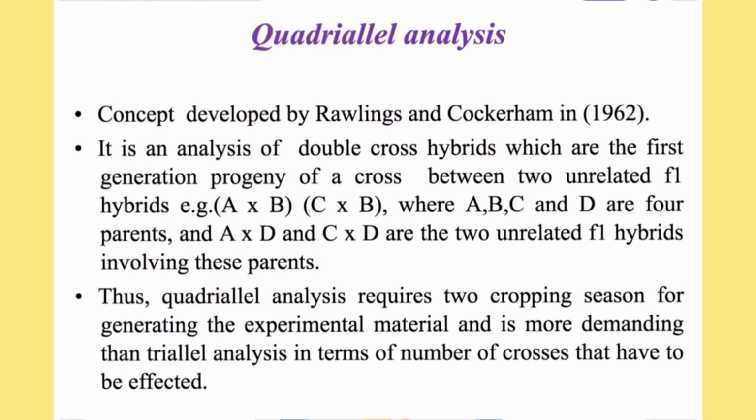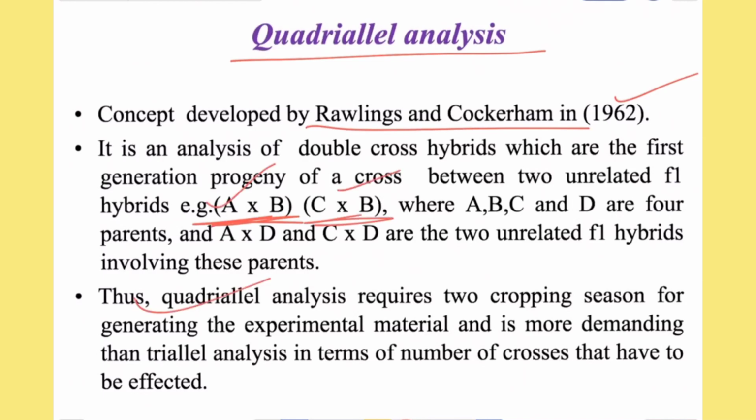Now after triple test cross analysis, let's come to the quadrilateral analysis. This is also developed by Rowley and Cockerham in 1962, and this analysis is based on double cross hybrids, which are the first generation progeny of a cross between two unrelated F1. So it involves four parents.